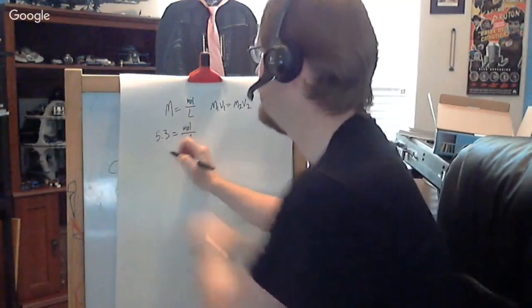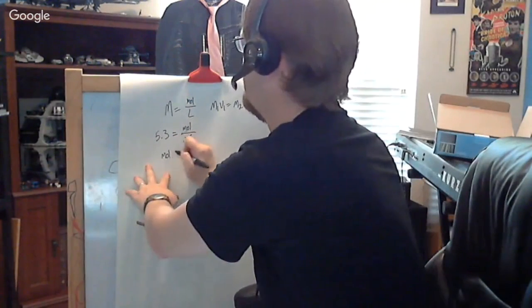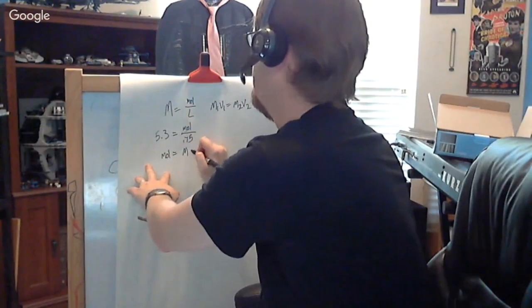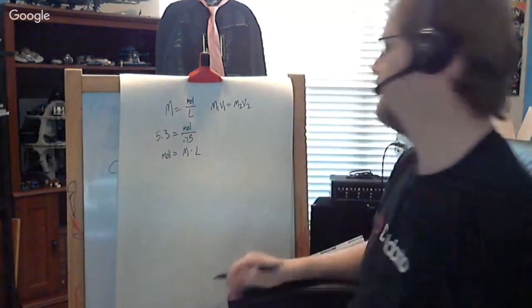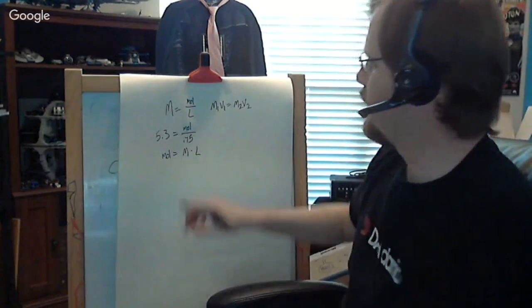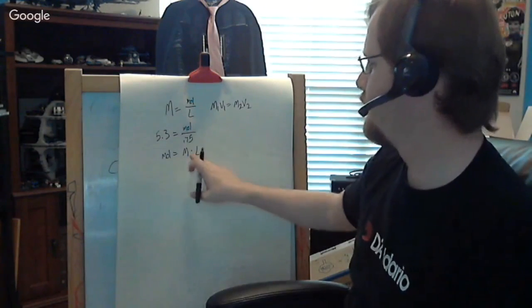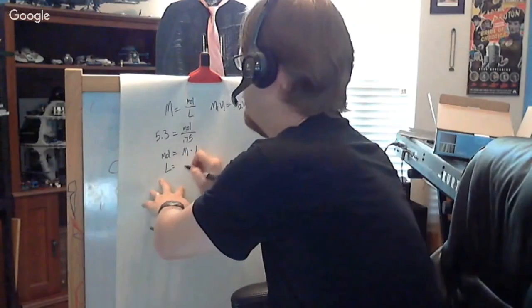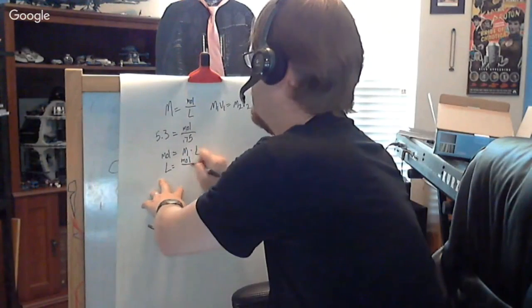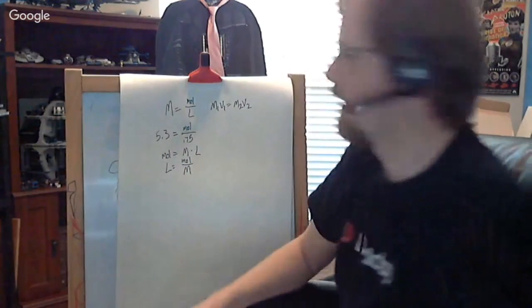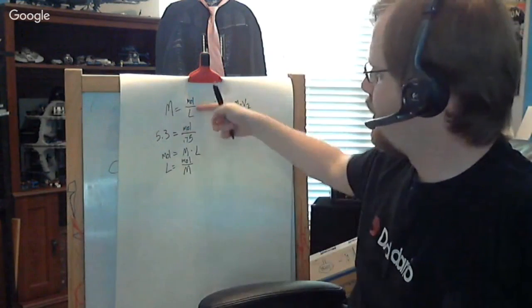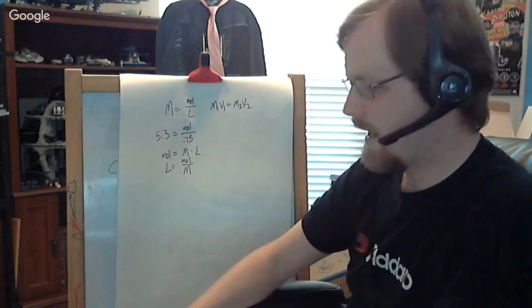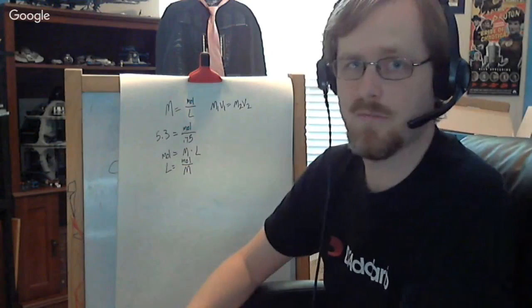So we get moles equals molarity times liters. Then if we're trying to solve for liters, I'm going to divide both sides by molarity, and I'm going to get liters equals moles divided by molarity.